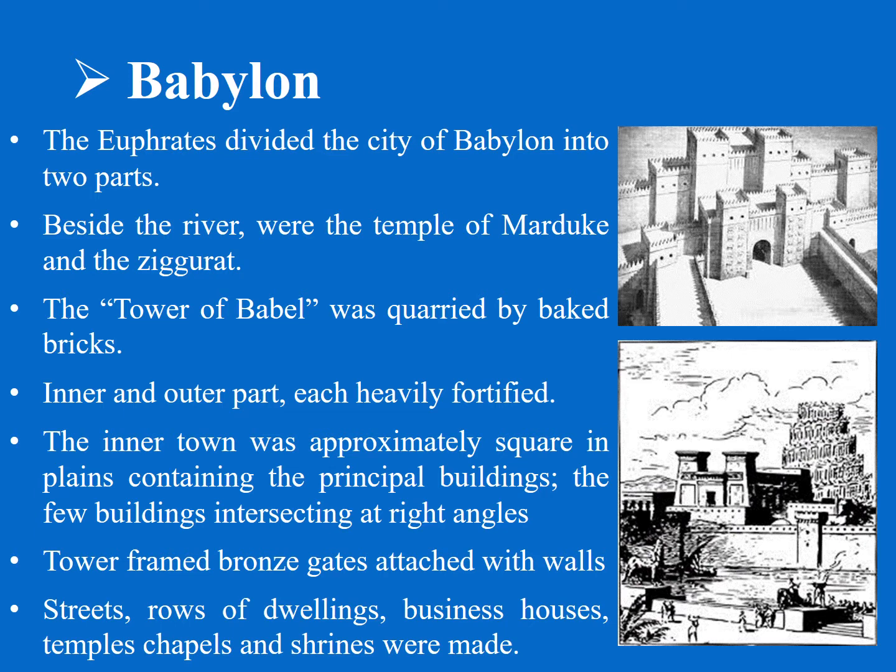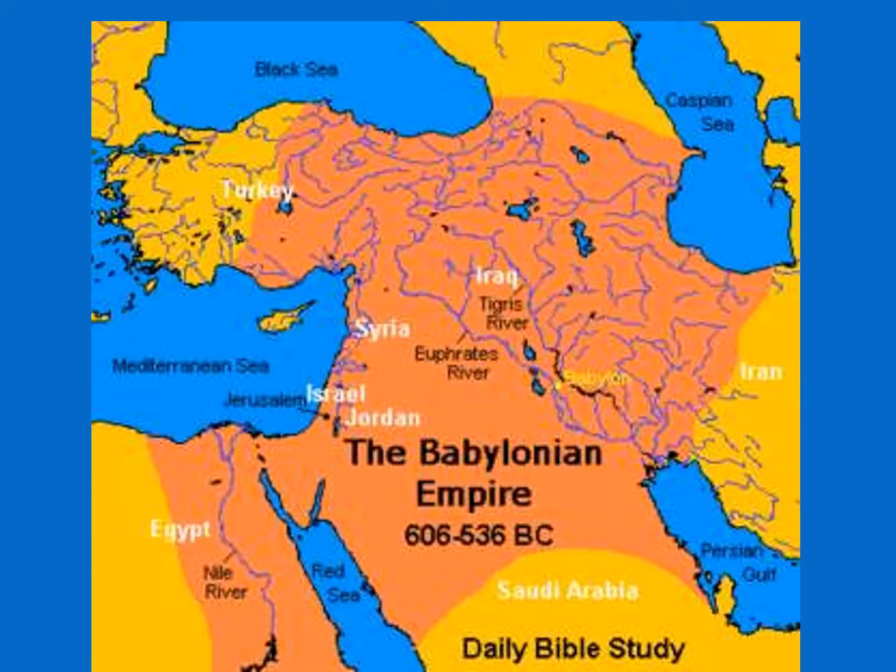The inner town was approximately square in plan, containing the principal buildings, with a few streets intersecting at right angles. There were tower-framed bronze gates attached to the walls. Between the two streets, rows of dwellings, business houses, temples, chapels and shrines were made. The Babylon Empire existed from 606 to 536 BC.